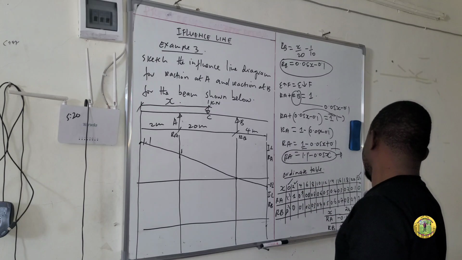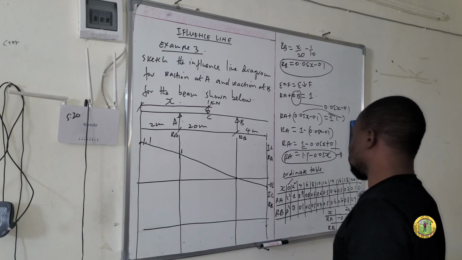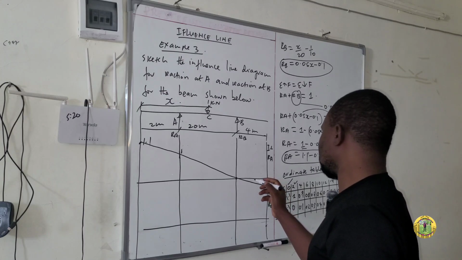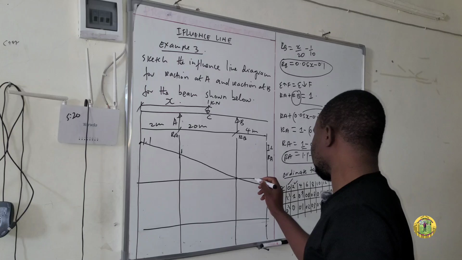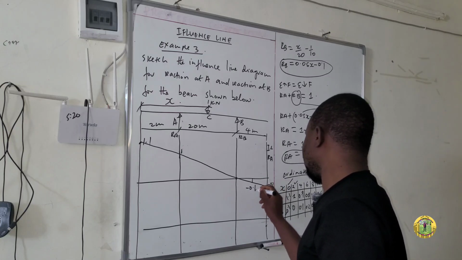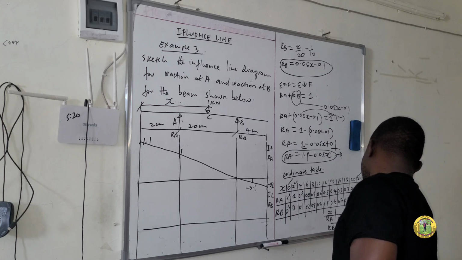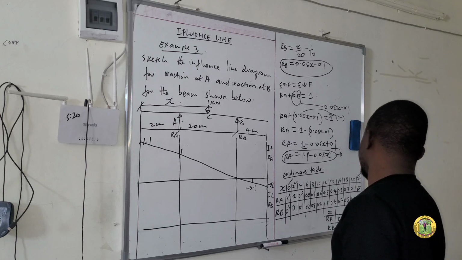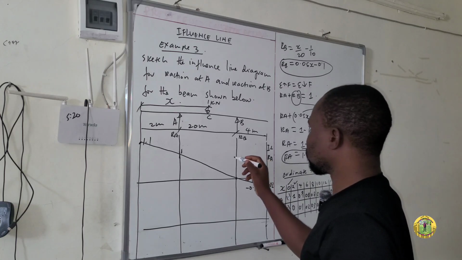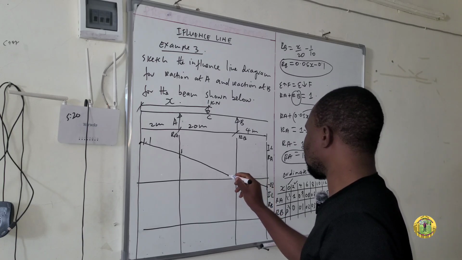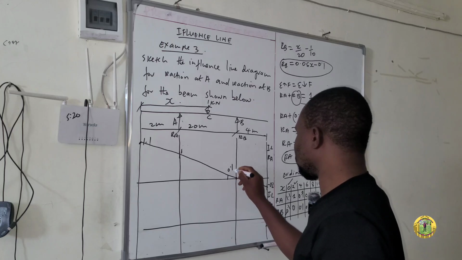Let's come to 24. 24 is negative 0.1, around here. So this is negative 0.1. So this one done. 22 done. 20 is 0.1, around here.